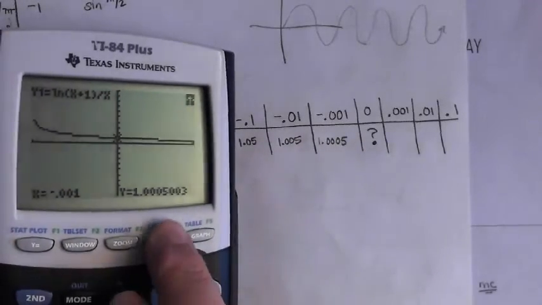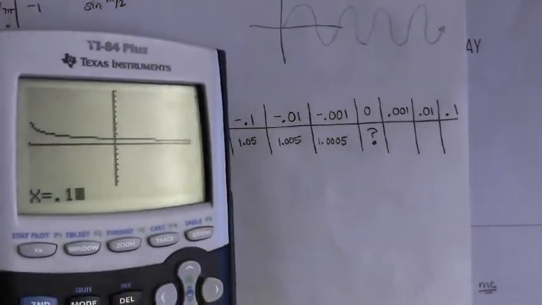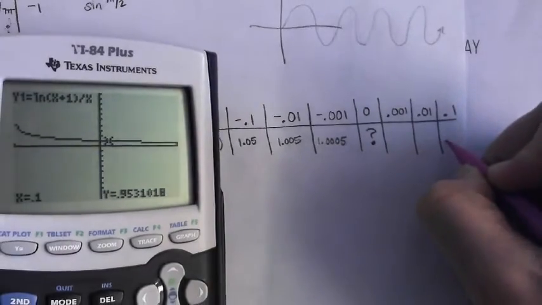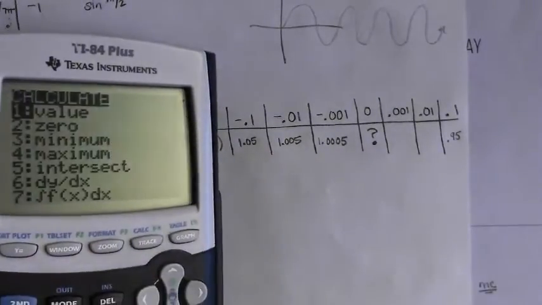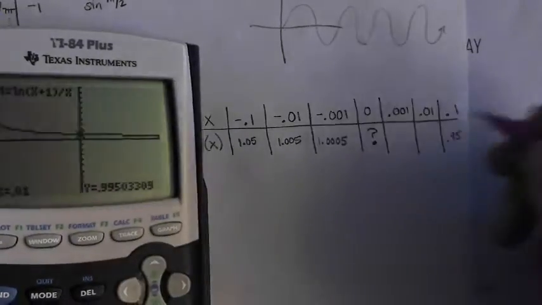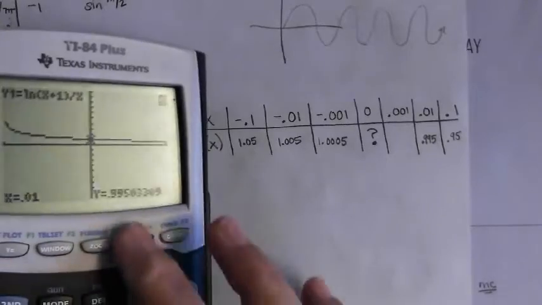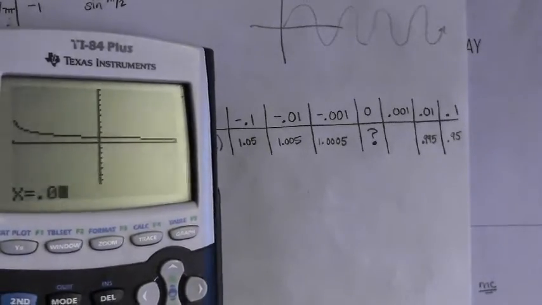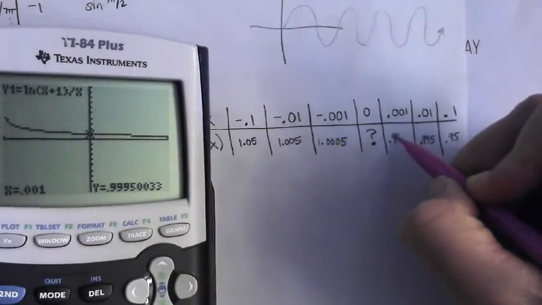And on the right-hand side, if I do 0.1 first, I'll work outside in. I get 0.95. Second trace again with 0.01, I get 0.995. Second trace one more time, 0.001, and I get 0.9995.